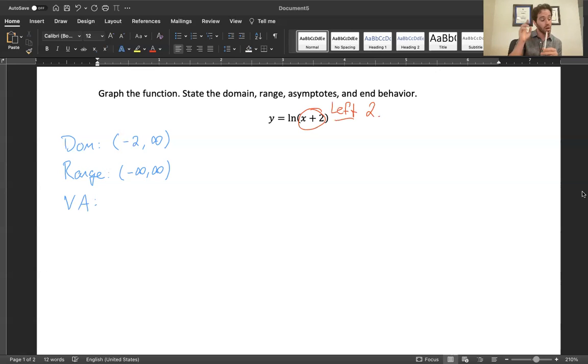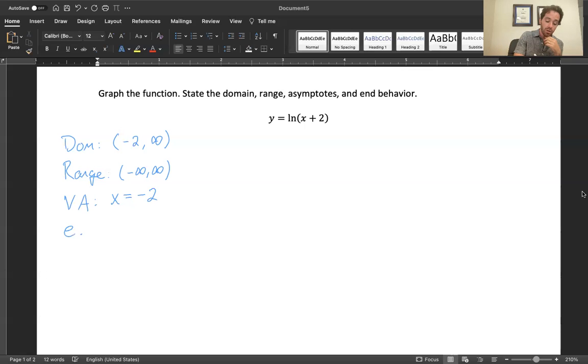So where the vertical asymptote used to be at x equals 0, this has moved it left 2. So bump, bump, it moves it to x equals -2. You can also use the simple fact that a log function will have a vertical asymptote where its argument, its inside, equals 0. So it will be at x equals -2.